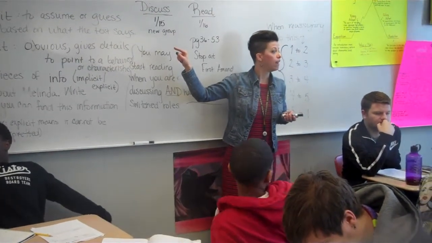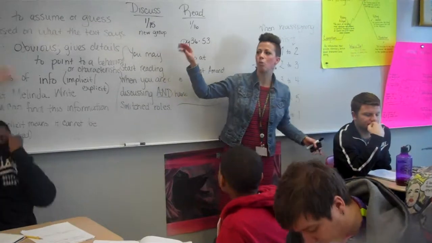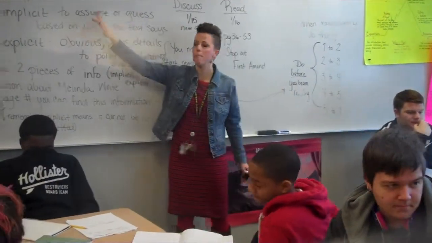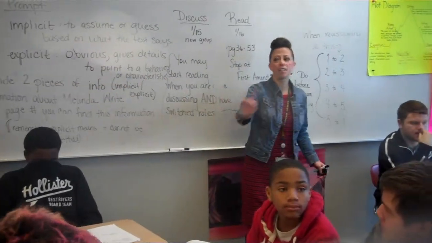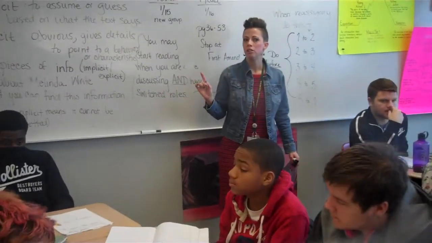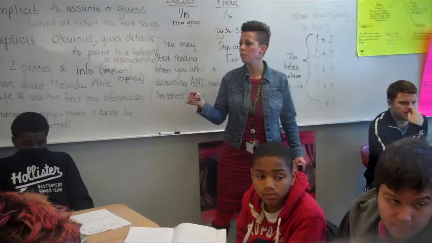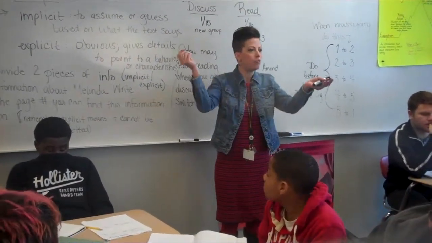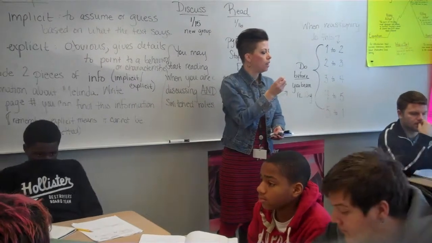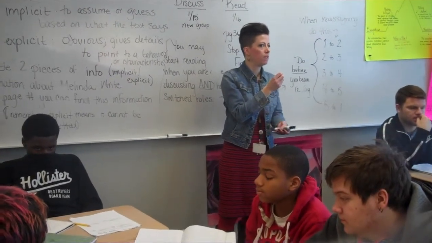That's it. Okay, give him an example. We're going to find an example of implicit, an example of explicit as a table group. Okay? As a table group. And then as soon as you guys have it, you're going to turn your cup to green. And whoever has green first gets a treat from me tomorrow.